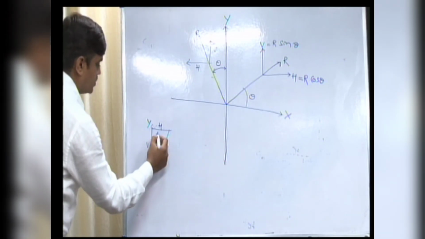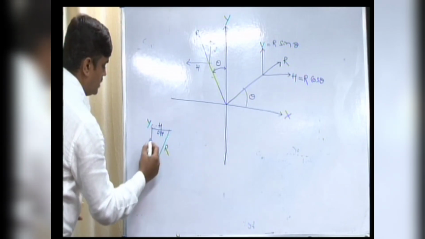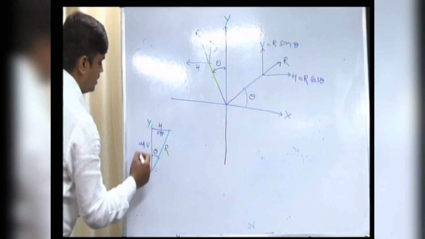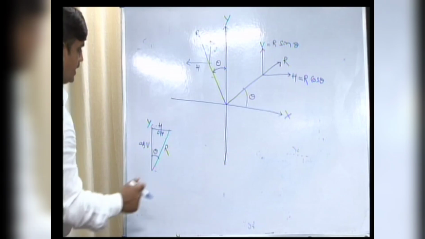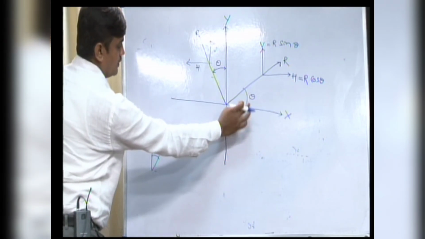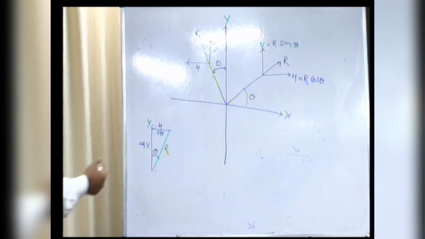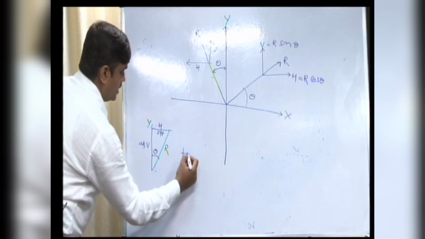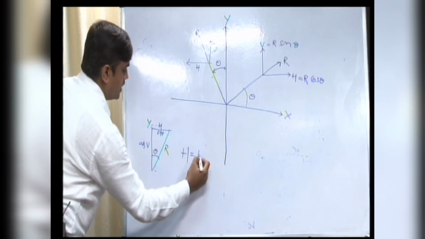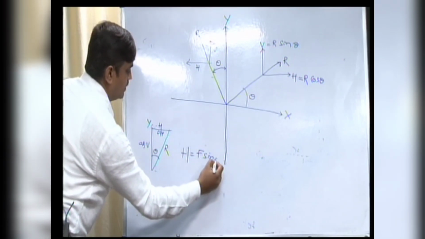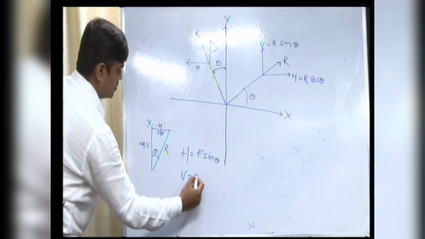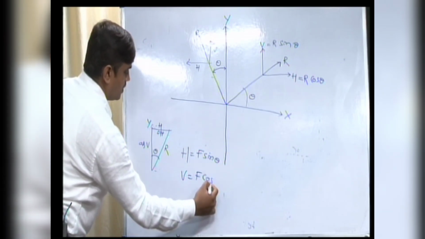Now this will be opposite and this will be adjacent, and it was vice versa in the other case when it is making an angle theta. Now if we take this here, H is equal to F sin theta and V is equal to F cos theta.